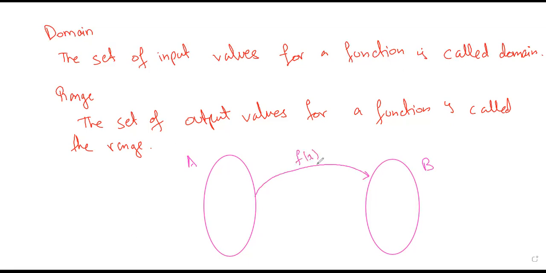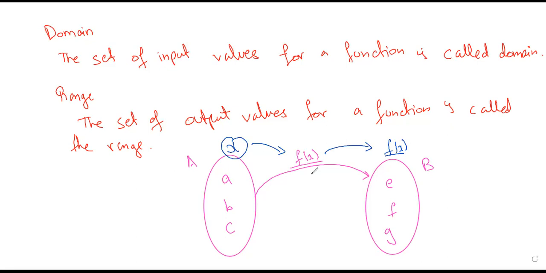This is the function which is telling us the relationship between A and B. Let's say we have a, b, c, and we have e, f, g. We have set A and set B, and this is x and this is f of x. From this x, after applying f, we get f of x.